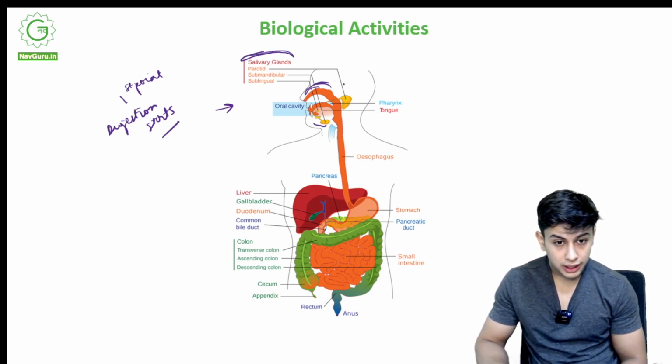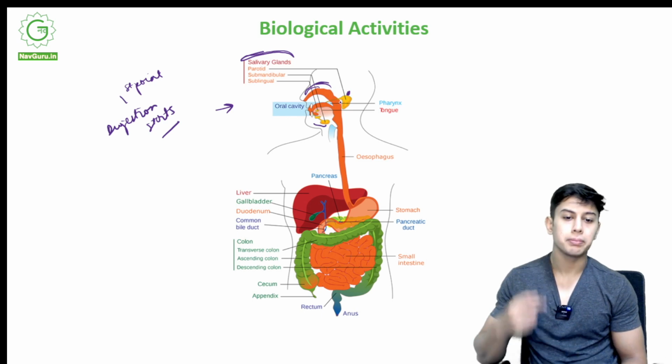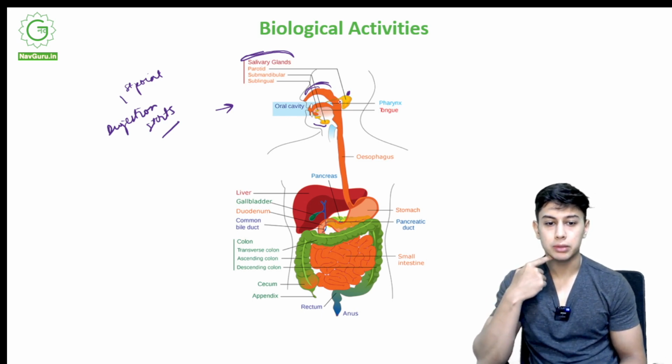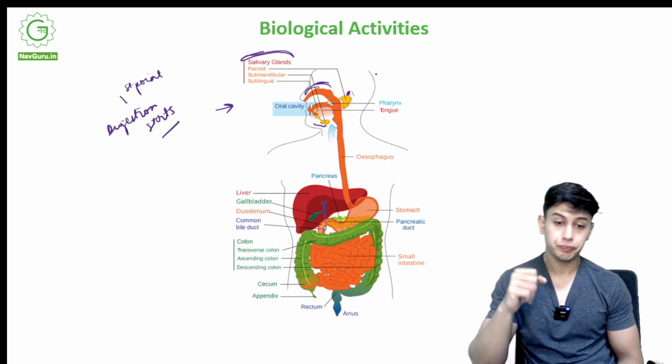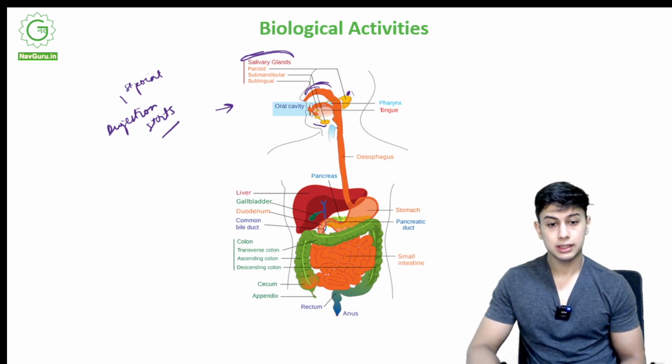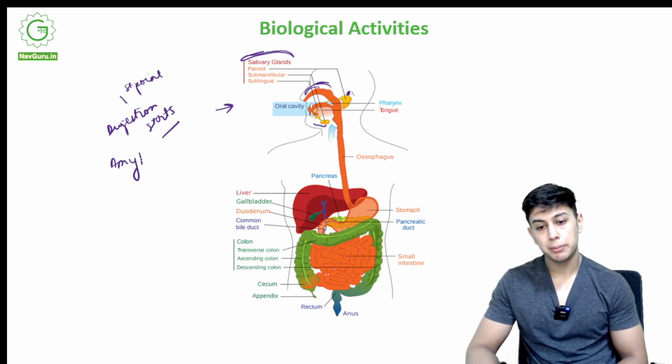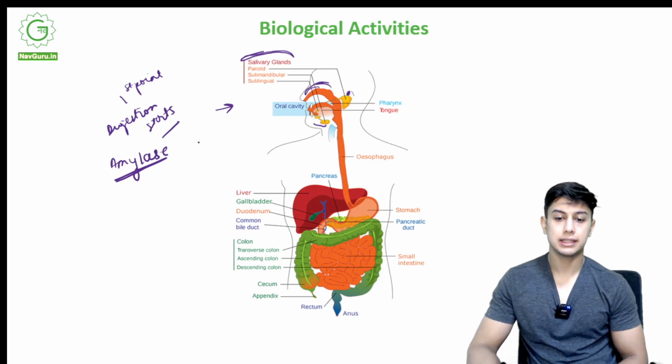See this over here, this is the salivary gland, behind our mouth. Behind our mouth there is the salivary gland, it produces saliva. Now the saliva contains amylase, A-M-Y-L-A-S-E, amylase.